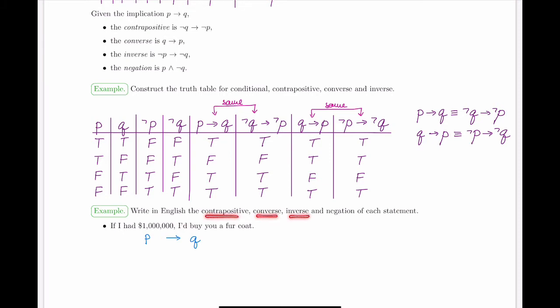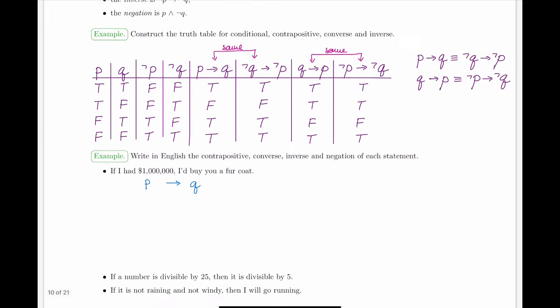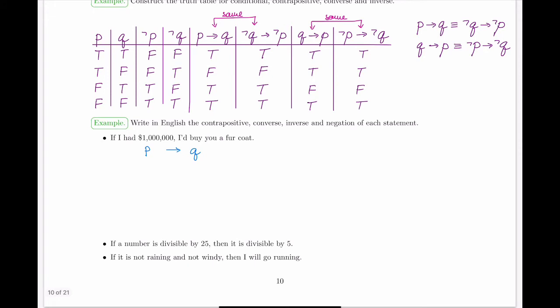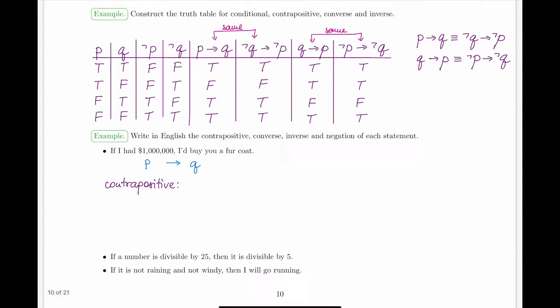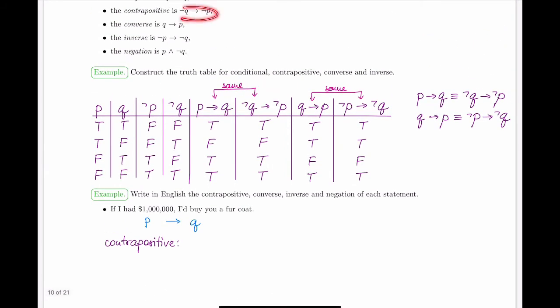Going through the 4 different implication variations, what are we going to have? So let's start with the contrapositive. Contrapositive says that one must not only flip the order, but also negate them both. So I'm going to move this sentence around and negate both sides of it.